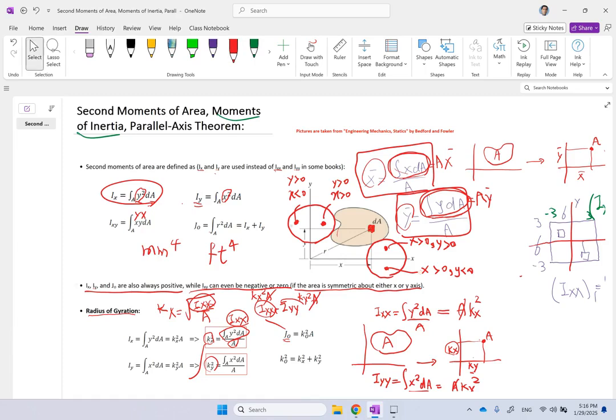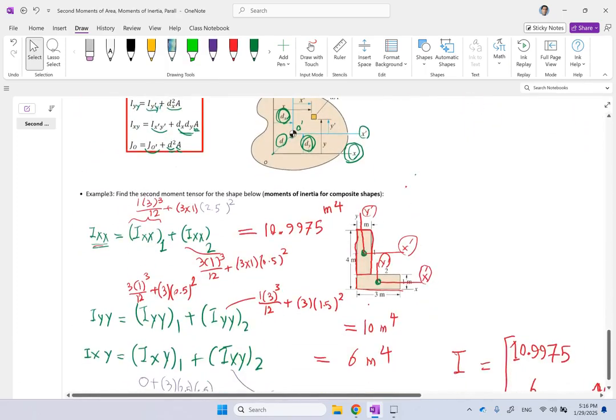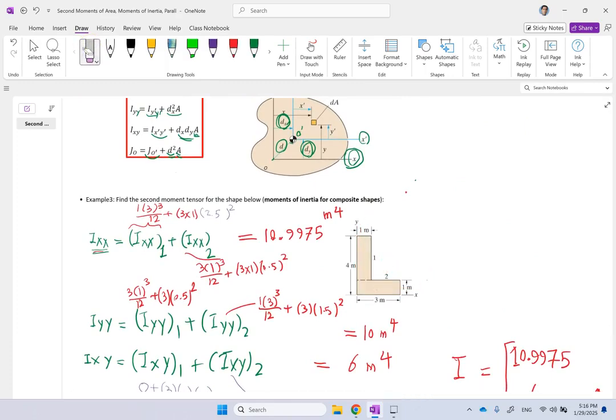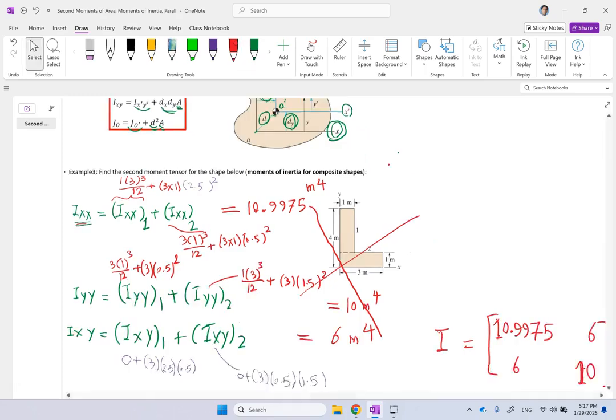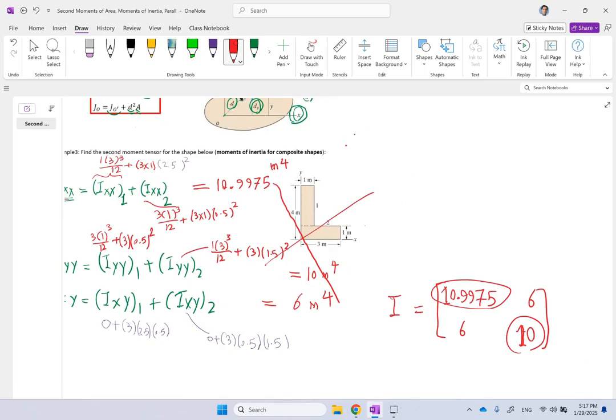So here, in this shape, if I go ahead and rotate my xy axis and put them like this, for instance, this is to be x-axis and this is to be y-axis, my numbers are going to be different. And the question is for which one these principal ones are going to be maximum, and these products are going to be 0. We call them principal moments.